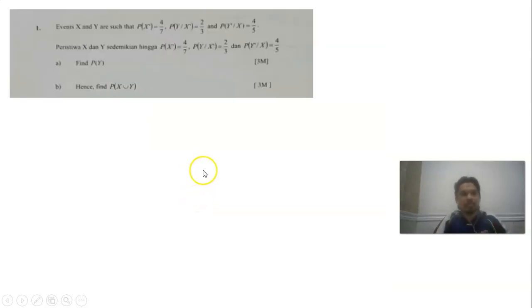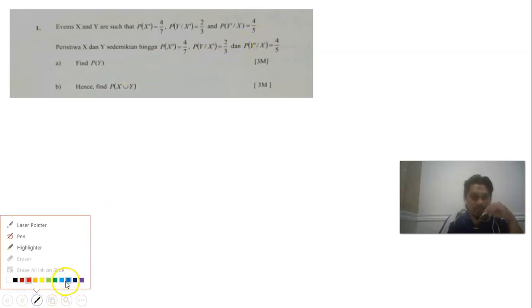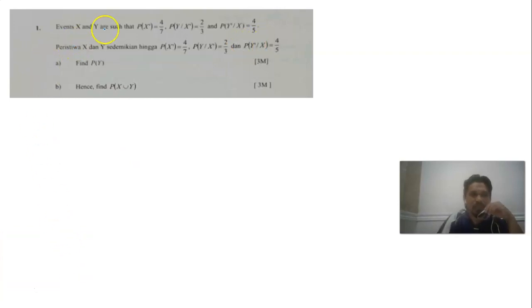As I mentioned just now, I have separated each question per page, so that we can discuss the questions one by one. Without wasting so much time, let's begin the discussion with question number 1 here.